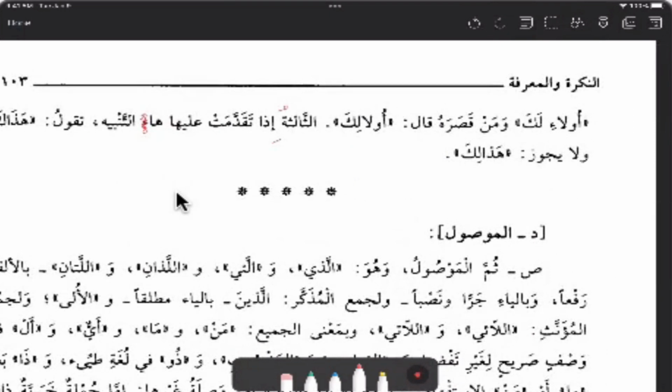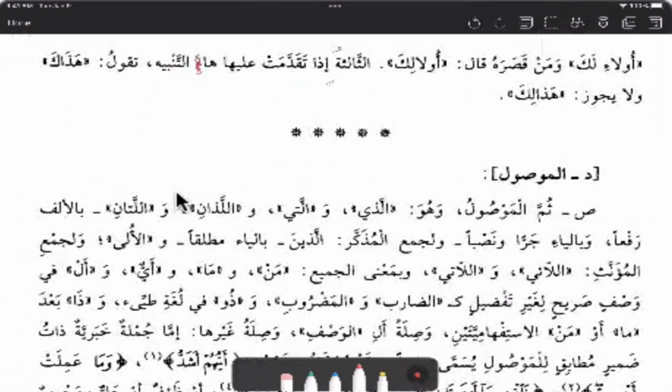Wallahu a'lam. That's the end of that chapter. What did the Prophet sallallahu alaihi wasallam say? If you learn an ayah from the Quran, then that's more rewardable than praying 100 rak'ahs of sunnah prayers.